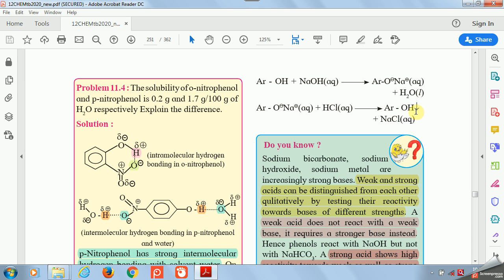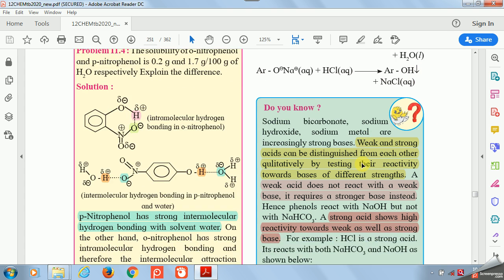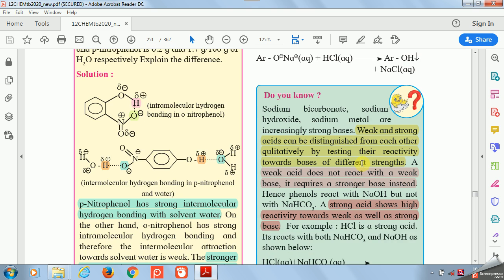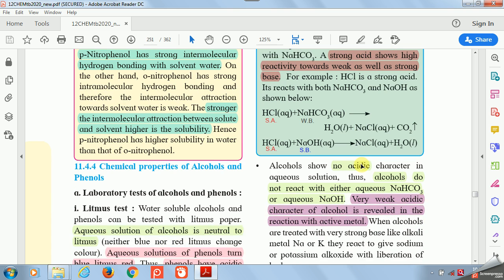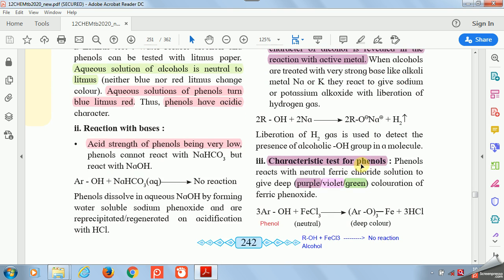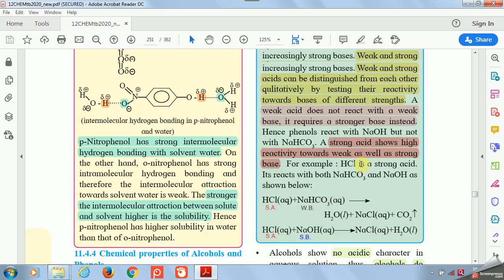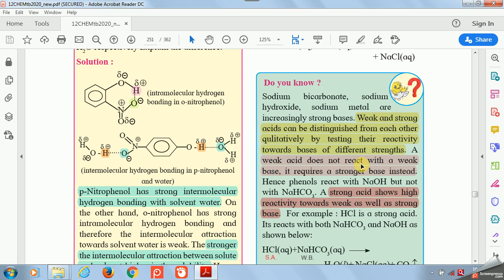So we can easily separate out the precipitate of phenol. As phenol does not react with an aqueous solution of sodium bicarbonate, it is less reactive. Do you know, sodium bicarbonate NaHCO3, sodium hydroxide NaOH and sodium metal are increasingly strong bases.